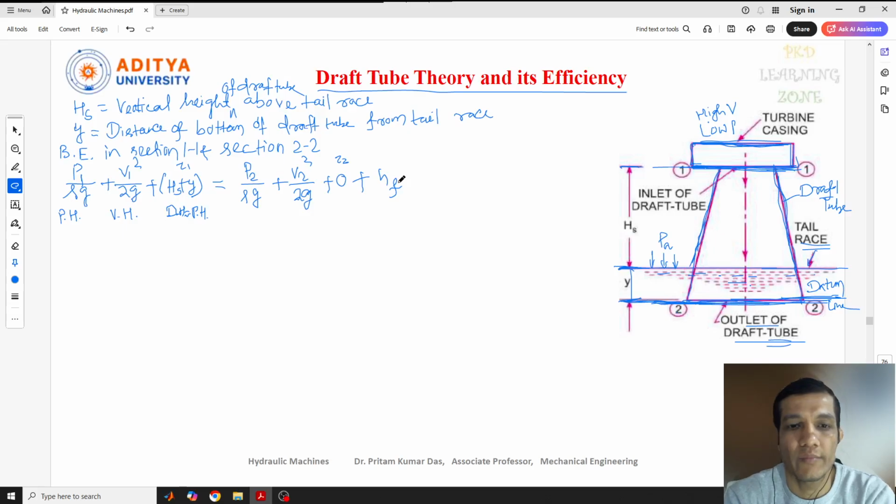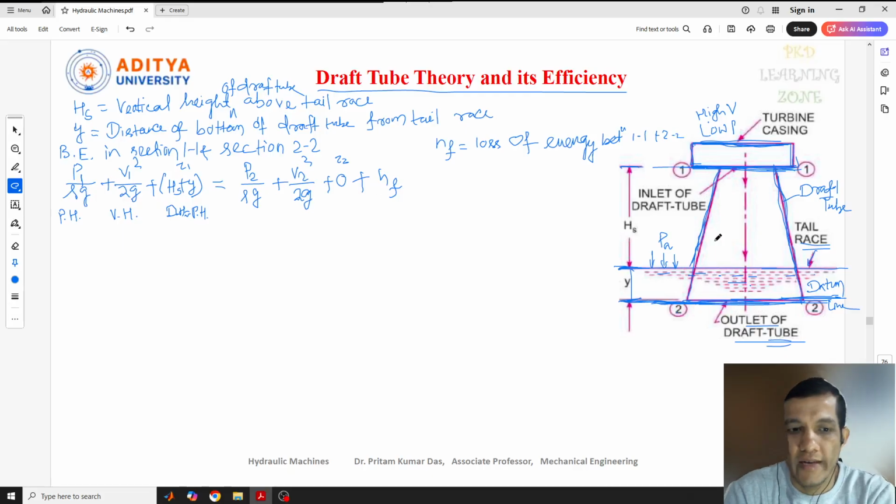HF is the loss of energy between 1 and 2.